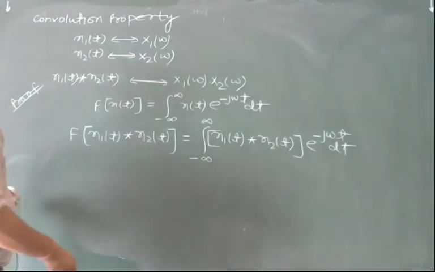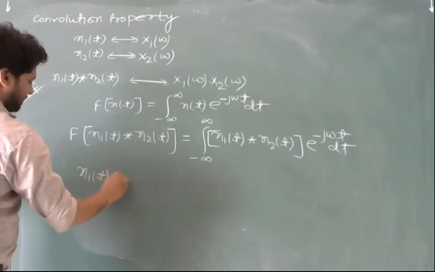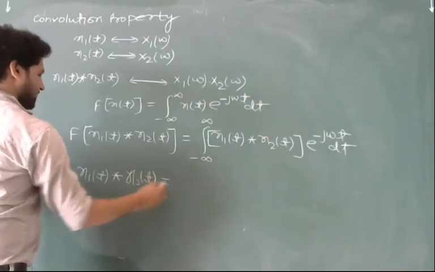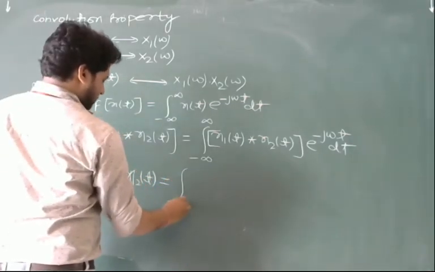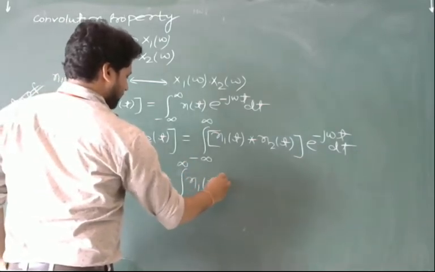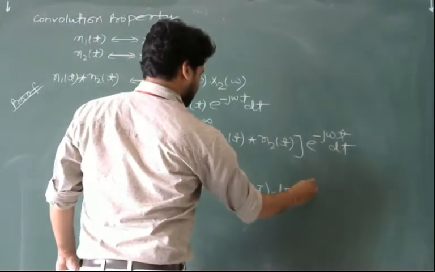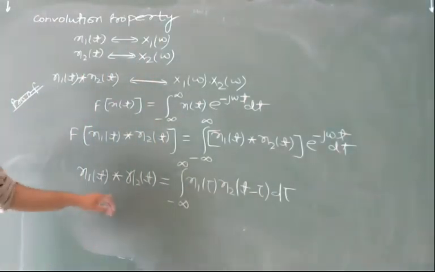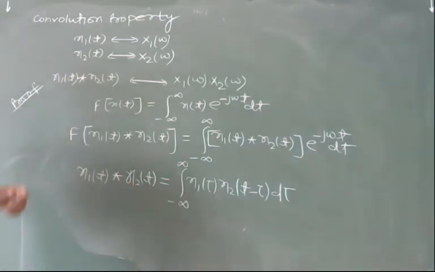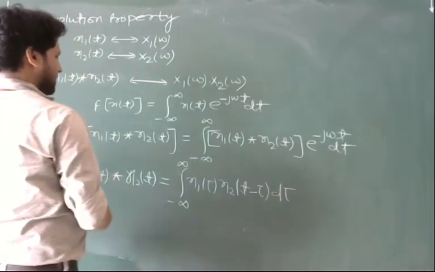Now we know the convolution theorem, that the convolution of signals x1(t) and x2(t) can be expressed, with limits from minus infinity to plus infinity, as x1(tau) x2(t minus tau) d tau. This is the convolution of the signal x1(t) with the signal x2(t). Now we will put the value of this convolution in this equation.